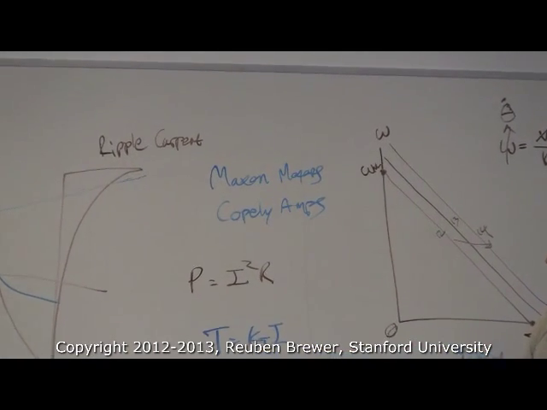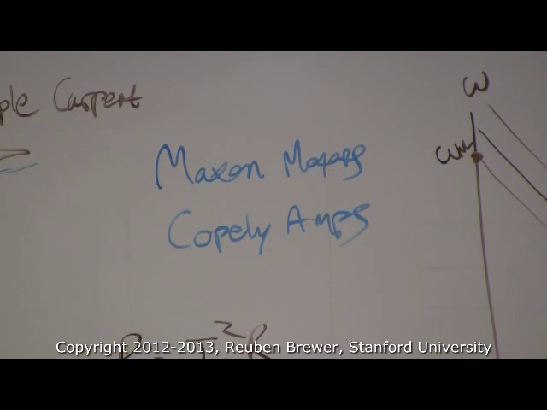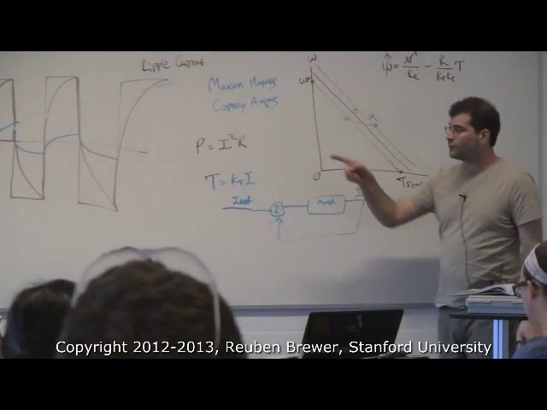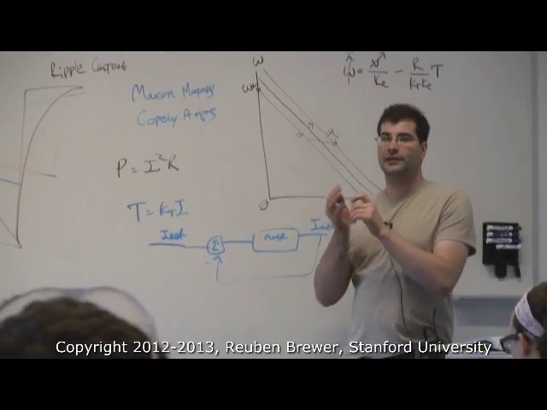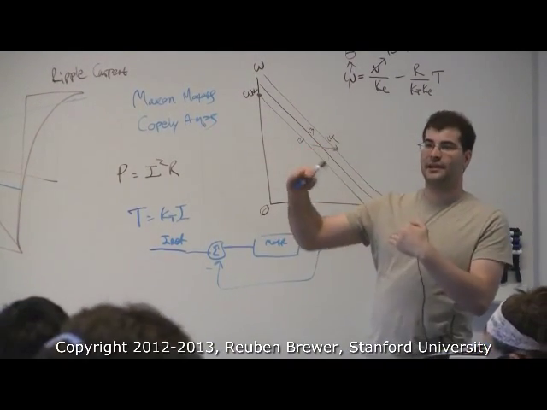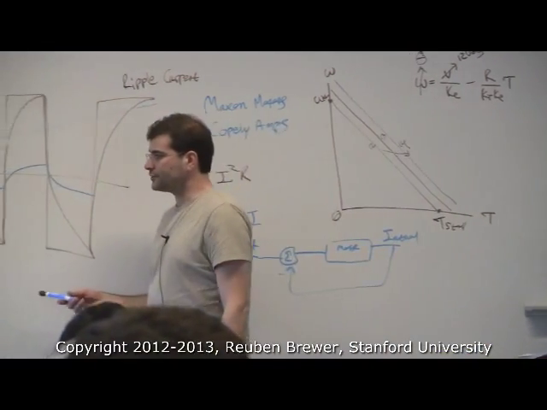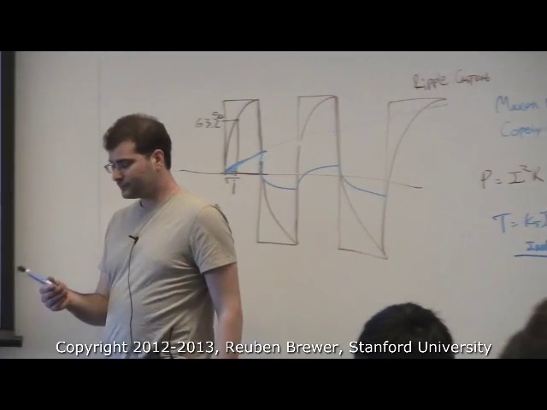Copley amps. Okay. This closed loop controller will go unstable and explode if you don't give it a time constant within the sort of bands that it can accept. So what happens with Maxon Motors is they're kind of special.